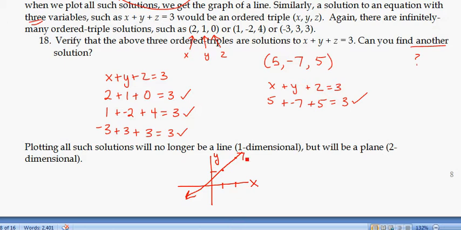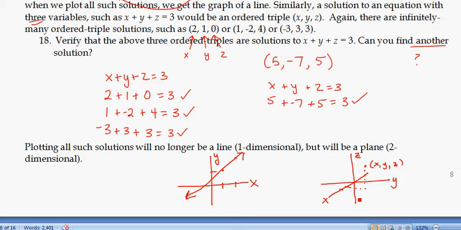But what happens if we move up a dimension? So now what if we have three variables that we're plotting and hence three axes? We have our x and y and then also our third variable z. What happens if we plot all these (x, y, z)'s? Well, we would have to go out some number of x, over some number of y, and up some number of z, right? So we'd be plotting this (x, y, z) for all of them.